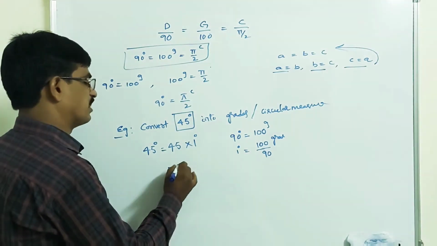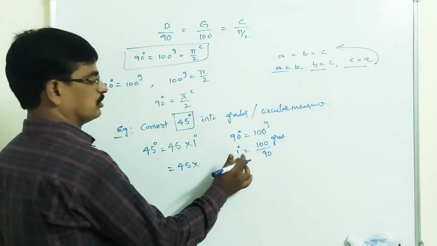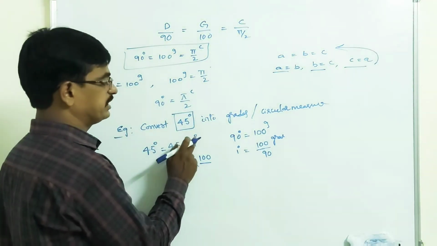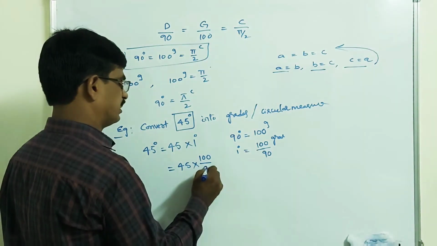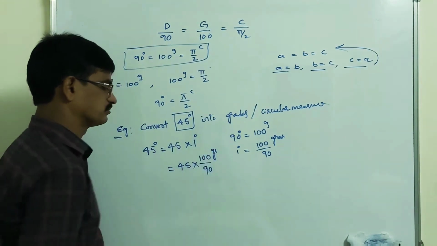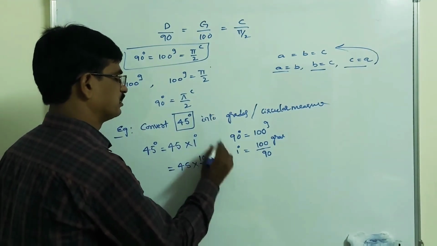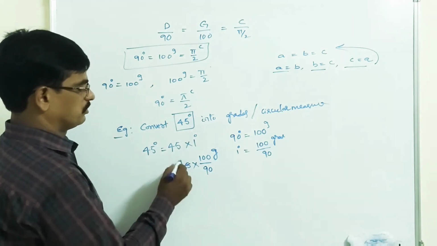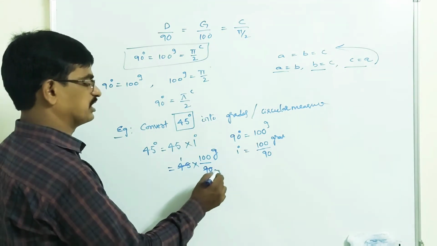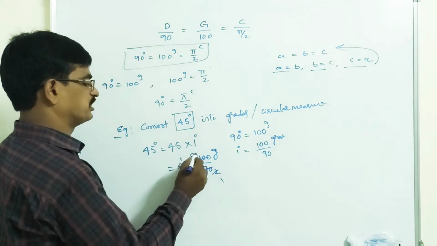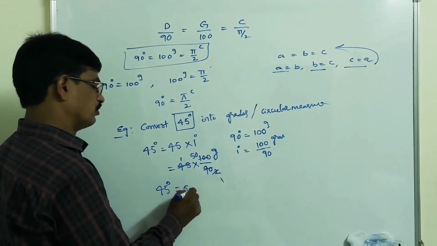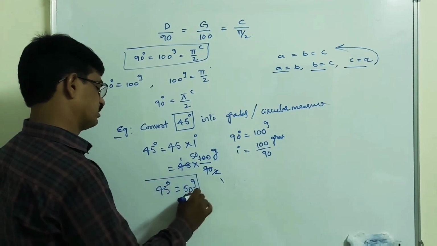So 45 into 1 degree is replaced by 45 into 100 by 90 grades. 45 ones are 45, 45 twos are 90, so it is 1 by 2 into 100, which gives 50. Then 45 degrees is equal to 50 grades.